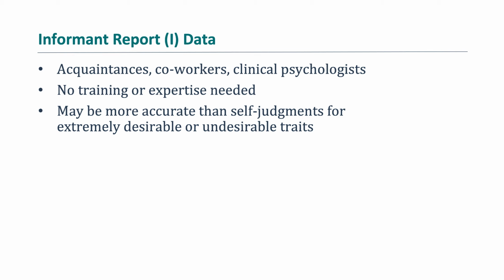But if I ask the people around you, I ask your coworkers, how agreeable is this person? They might be way more likely to say, oh yeah, no, they don't get along with most people, right? And so in some ways, it helps reduce some of that bias that a person might have about themselves, because here's somebody outside of this who does have that judgment of that person.